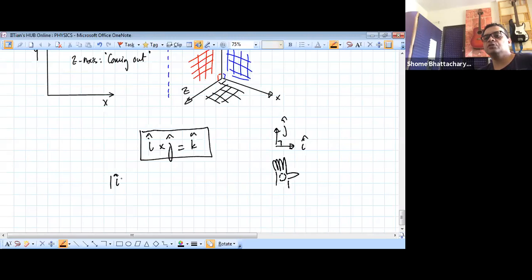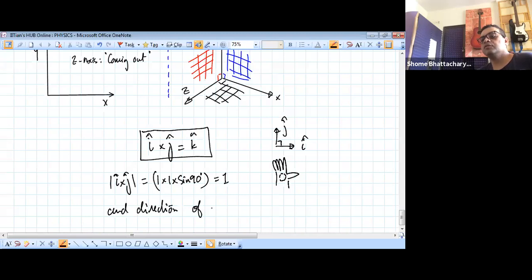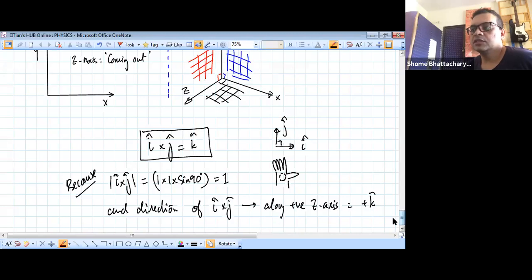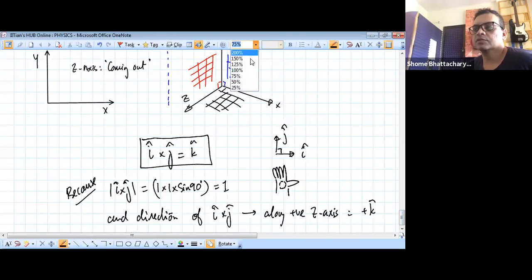The magnitude of i cross j is 1 into 1 into sin 90, because they are mutually perpendicular unit vectors, so that is unity. And the direction of i cap cross j cap will be along the positive z axis. That's how we get this relation. Just make a note of this first, then we will look at the other possible cross products.